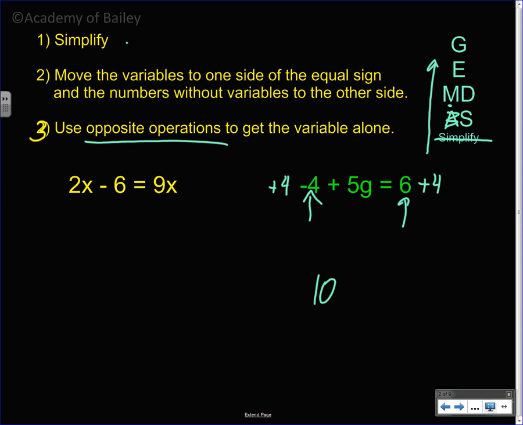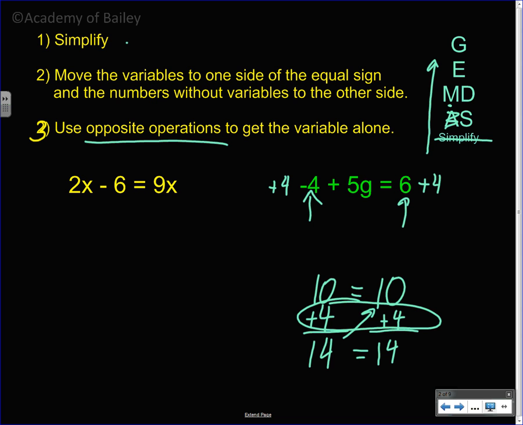That's like saying if I had 10, which is equal to 10, if I added 4 to this 10, I'm going to get 14. That's not equal to 10. So how can I get this second 10 to equal 14? Add 4 to it. And now they're both equal to 14.